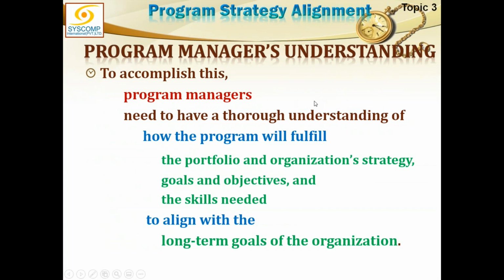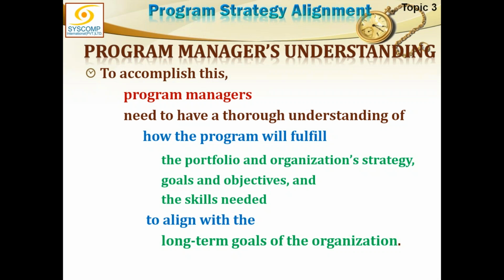To accomplish this, program managers need to have a thorough understanding of how the program will fulfill the portfolio and organization strategy, goals and objectives, and the skills needed to align with the long-term goals of the organization. Now what does a program manager need to be ready with while doing these tasks?